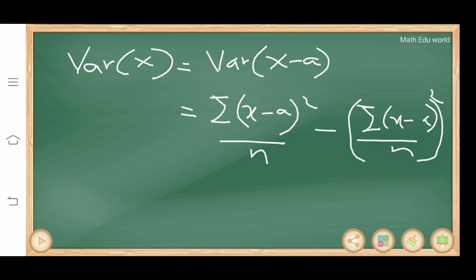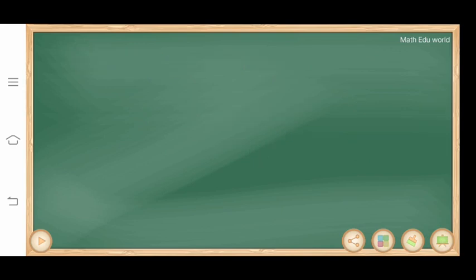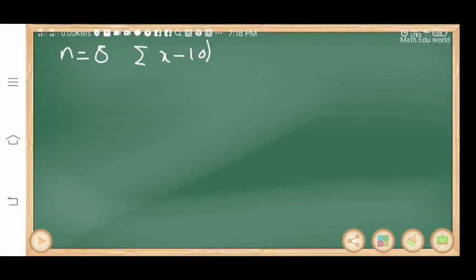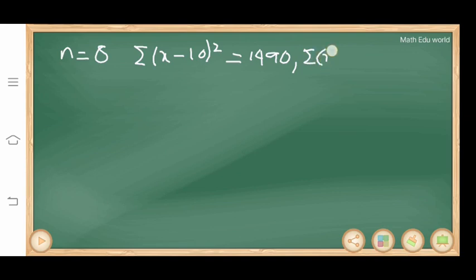Like if you look at one question, 8 values are summarized by the totals sigma x minus 10 the whole squared is equal to 1490, and sigma x minus 10 is equal to 100.